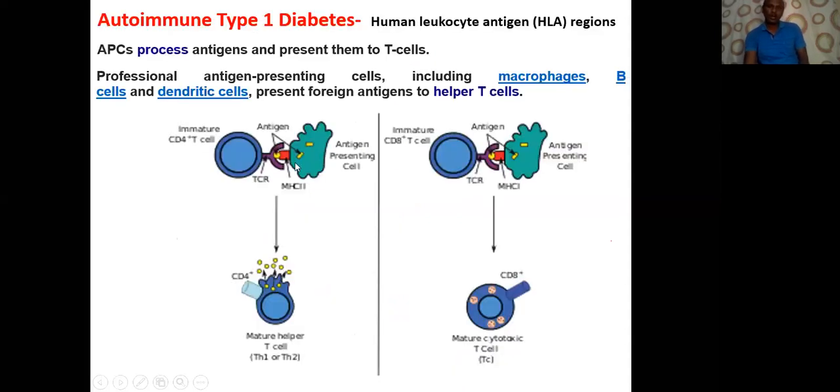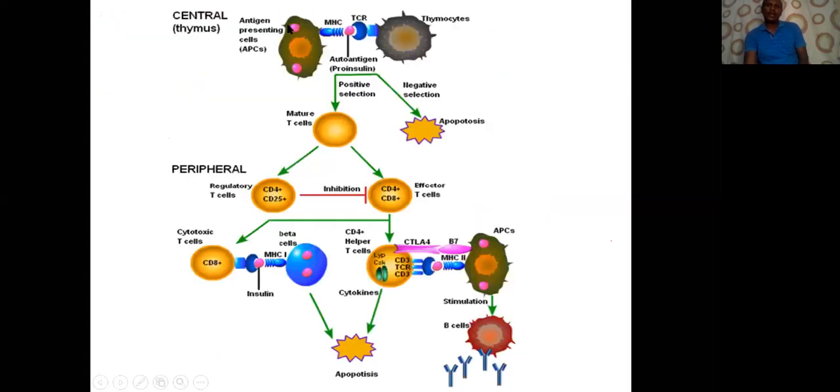Once the antigen is recognized, T cells will become mature T cells. Same way here, the antigen presenting cell presents the proinsulin as an antigen to the T cell, then through positive selection this will become a mature T cell.